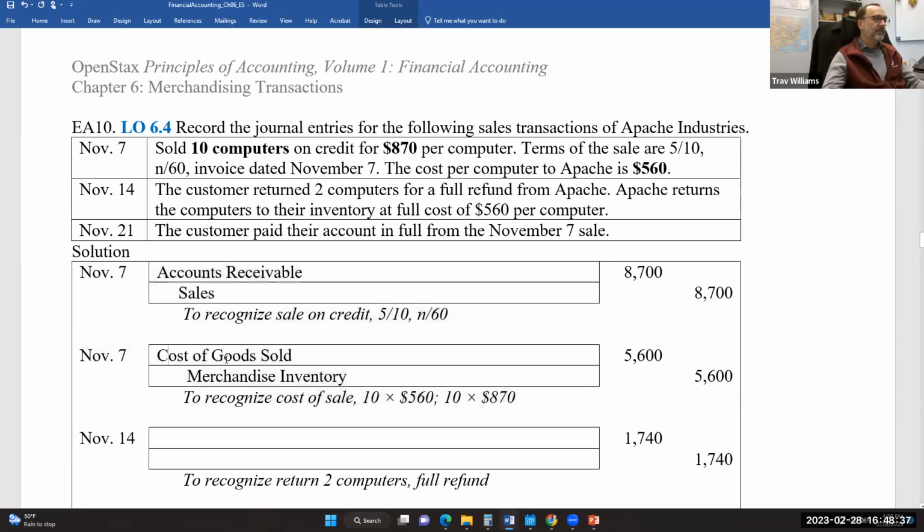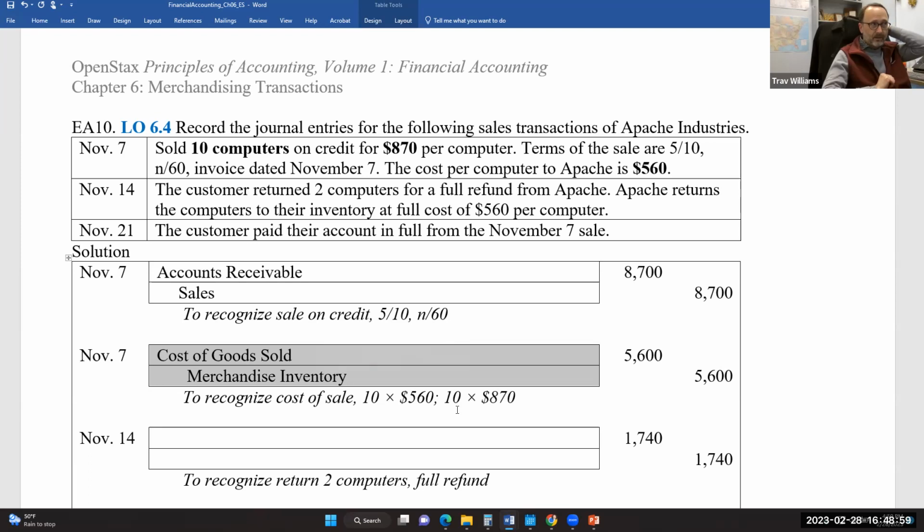And then you're going to have debit to cost of goods sold, if you actually sold a product, and credit to merchandise inventory. So if you're a manufacturing company using the perpetual inventory method and your customer has not paid yet, these are the account names that you're going to use.